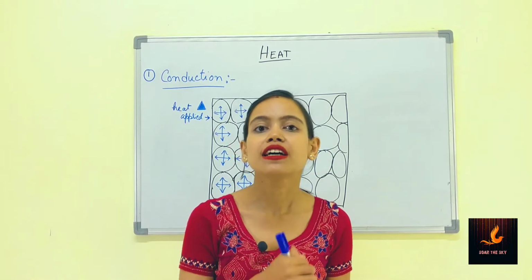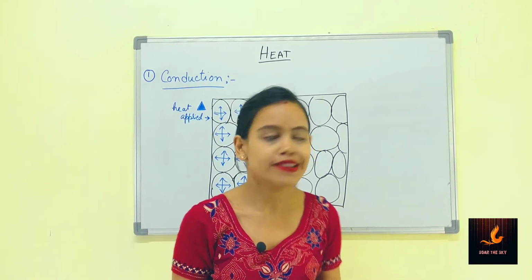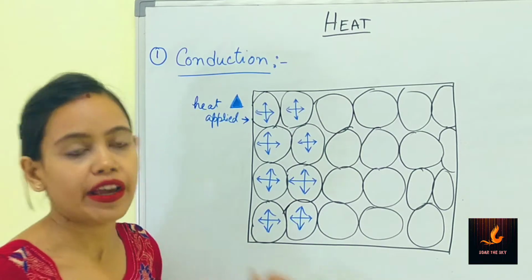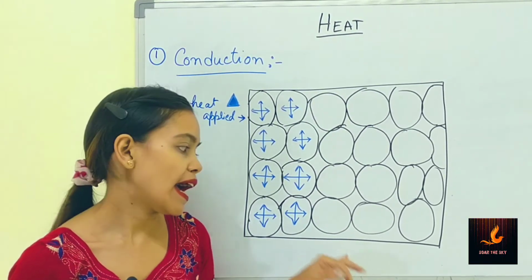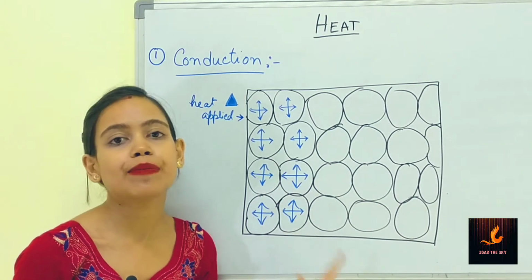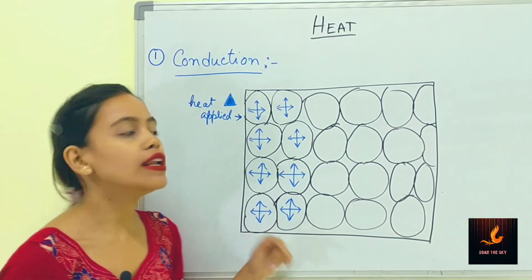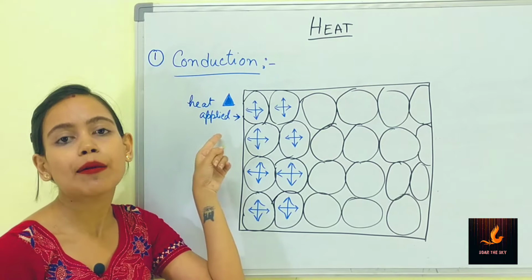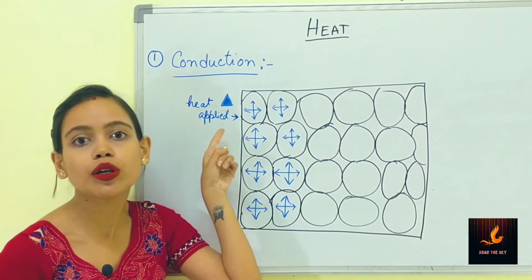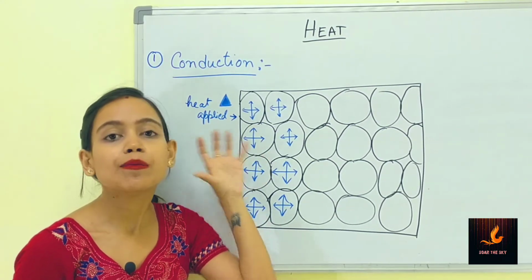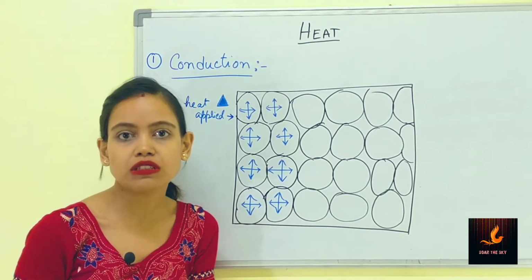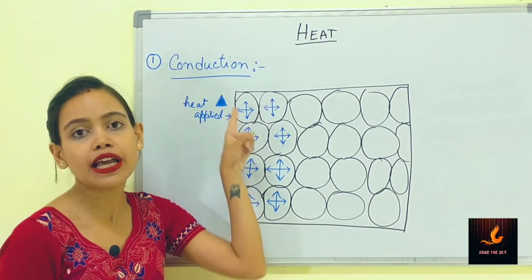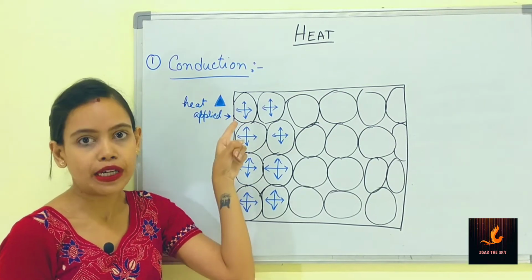So how does conduction actually take place? Let's look at this diagram very carefully. This is an amplified diagram of a solid and the particles which are closely packed inside it. In a solid, if, for example, we apply heat at this particular point, the particles inside the solid, being very closely attached to each other, will start vibrating both sideways and up and down.